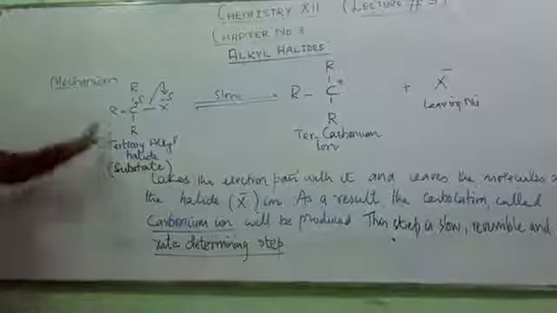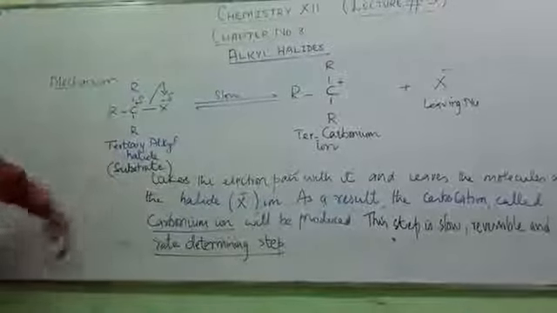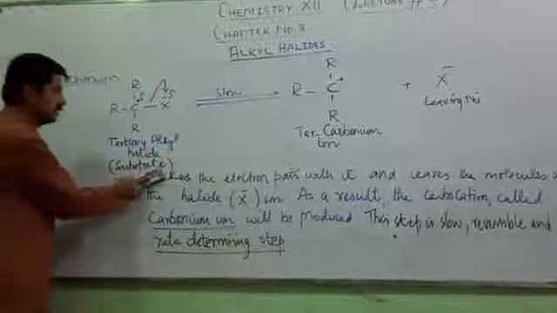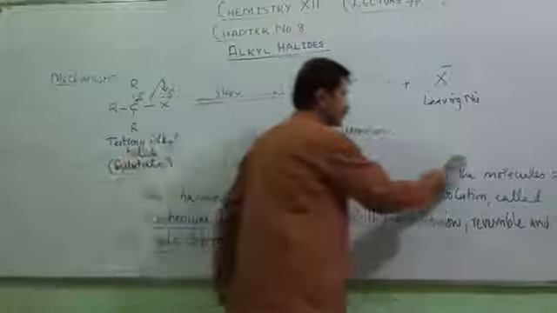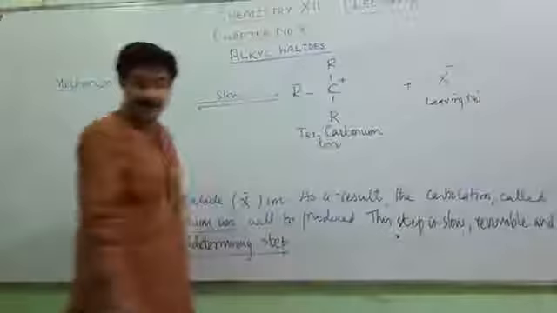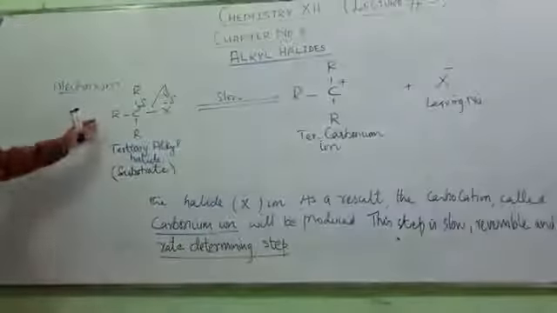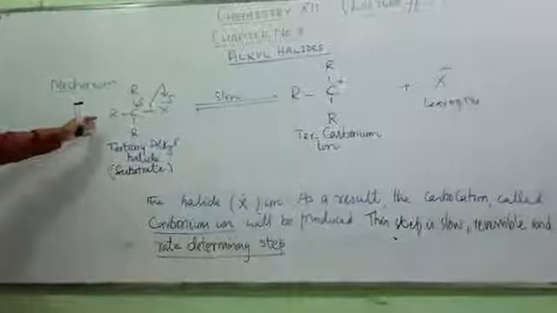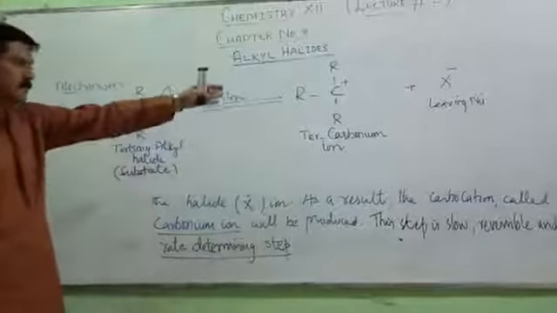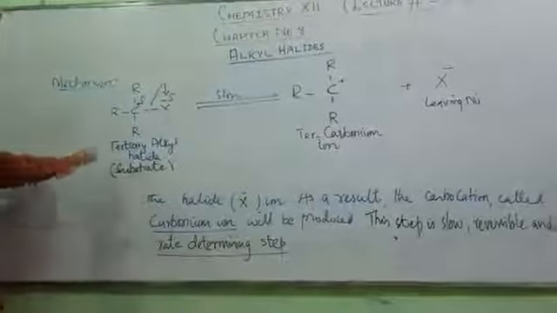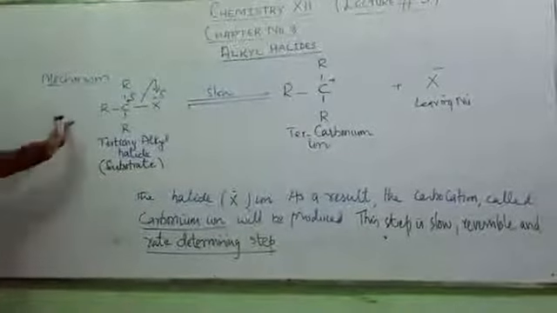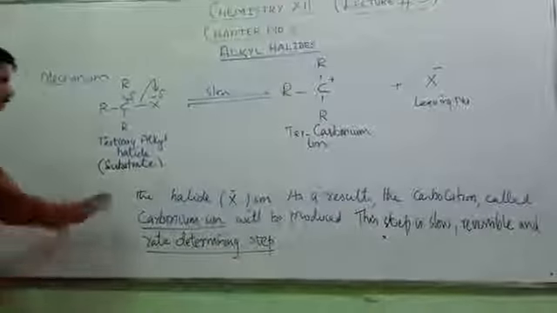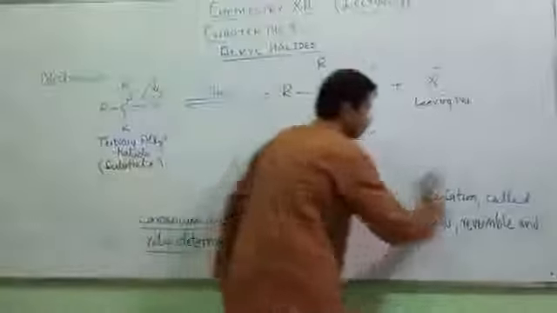So you must remember here that the rate of SN1 reactions is directly proportional to the concentration of substrate, the tertiary alkyl halide molecule, because as soon as the bond between halogen and carbon breaks, the new bond will be formed between the tertiary carbon and the attacking nucleophile.